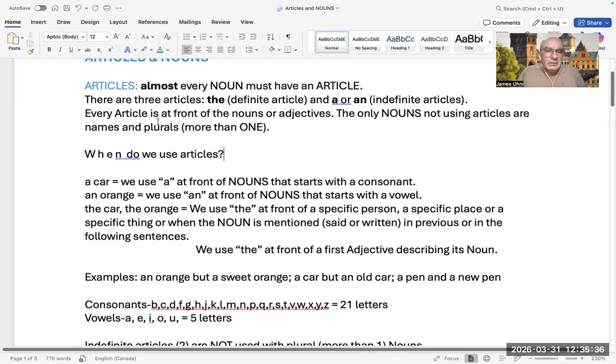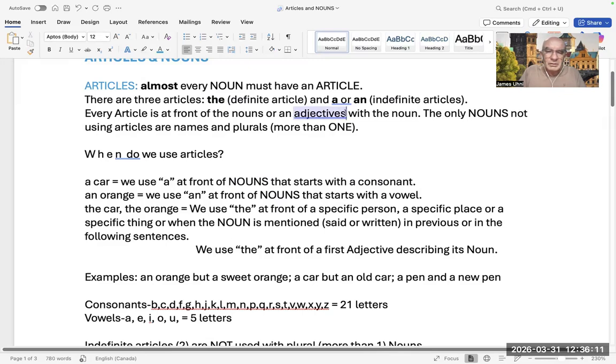Every article is in front of the noun or an adjective with the noun. You can see I'm using the article the or an adjective.